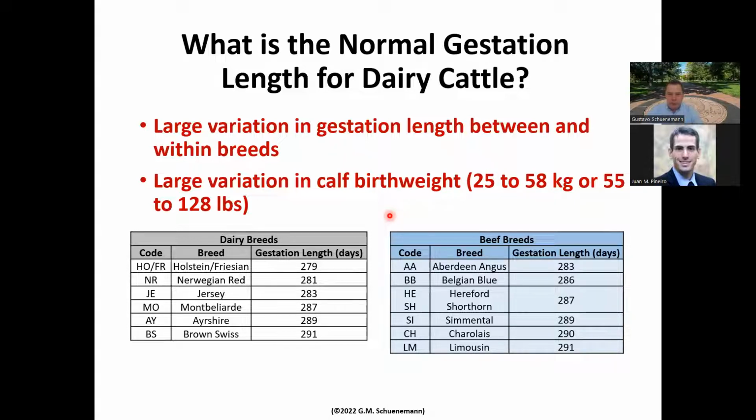So there is also important variation in calf birth weight. I'm going to touch on these two components because this is very important, and we have very reliable information when it comes to selection.